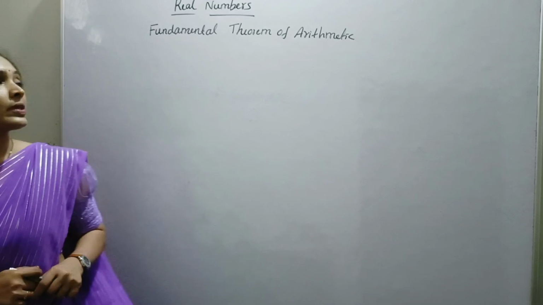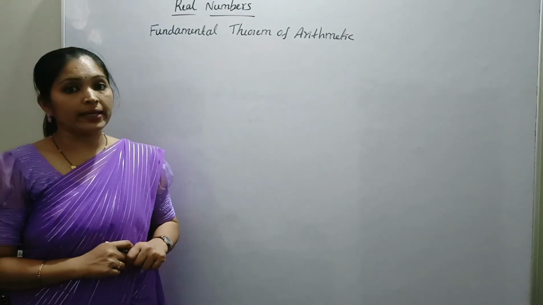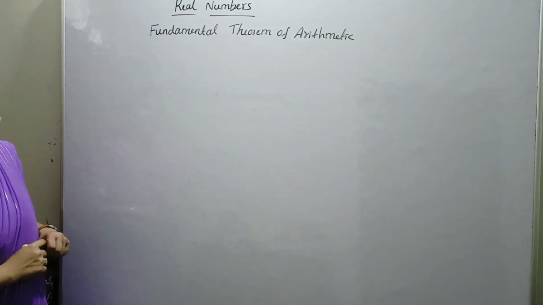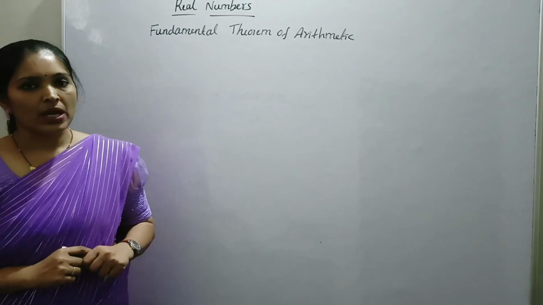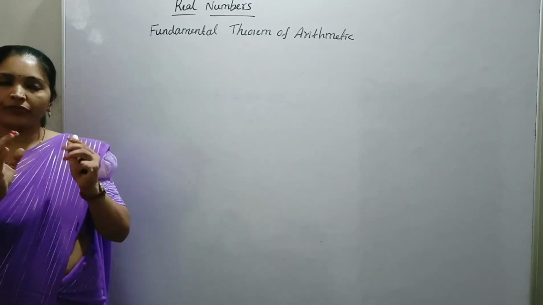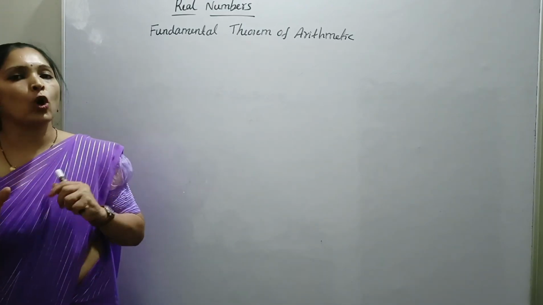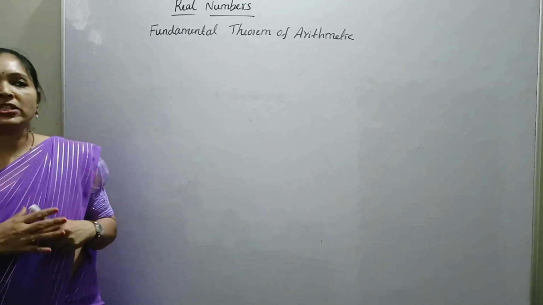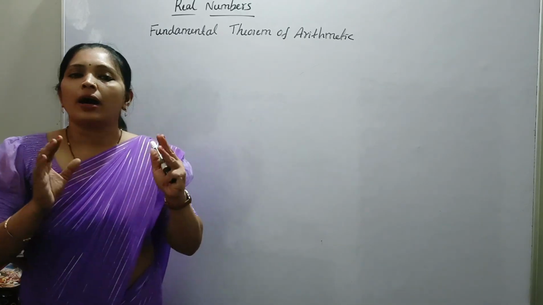So in this chapter, first we will study a theorem, that is the fundamental theorem of arithmetic. Before that we should go through factors, prime numbers and composite numbers. So what is a factor? We have already studied about this.